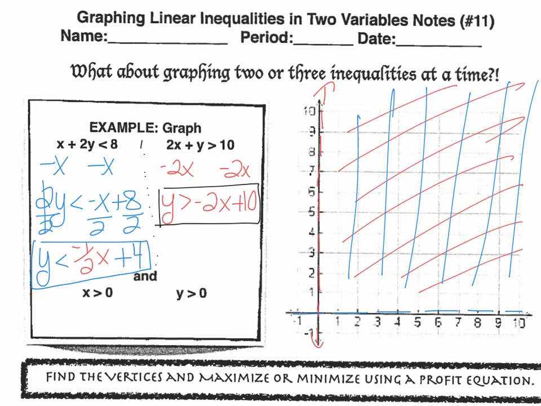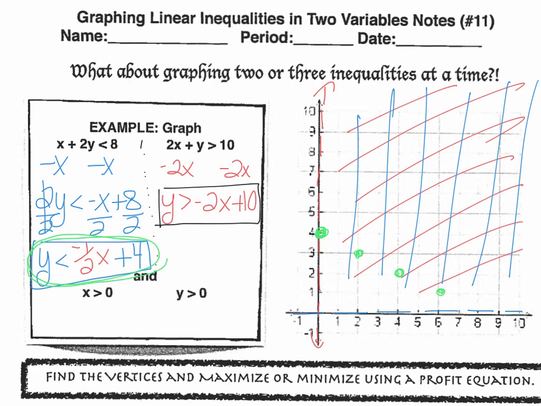Okay. So now we have to graph the actual two equations that we really have there. And so I'm going to pick a different color, green. And I'm going to graph this guy in green. So y is less than negative 1/2 x plus 4. That tells me I need to start at my y-axis on 4, and then I'm going down 1 to the right 2, down 1 to the right 2, down 1 to the right 2.